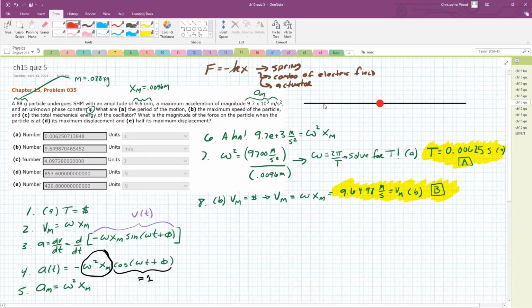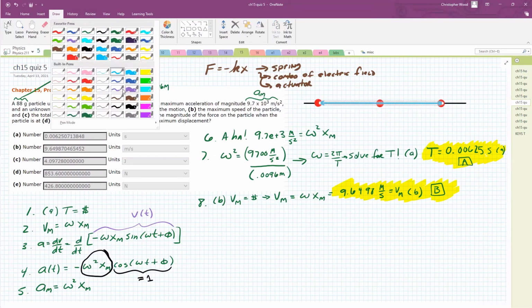It's going to go to the extreme left, slow down, stop, and then go over to the extreme right. Here's the simple harmonic motion, basically oscillating back and forth between those two extreme endpoints.